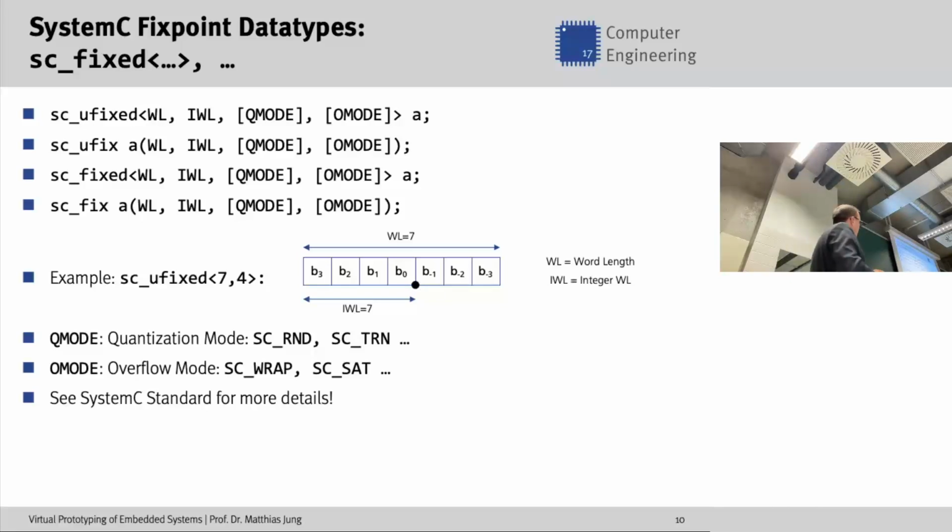And then we have some specialties. So there is the quantization mode. That's basically how this is rounded. And then the overflow mode, this is also interesting. So if you reach, for example, the full vector with ones here, that's the biggest number that you can show in this unsigned setting, everything is 1.